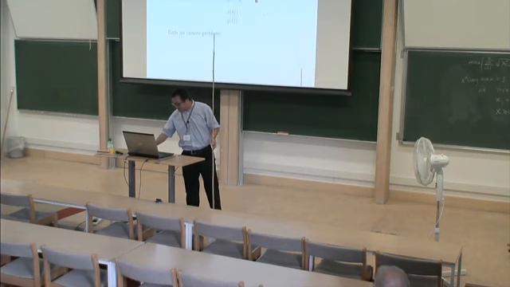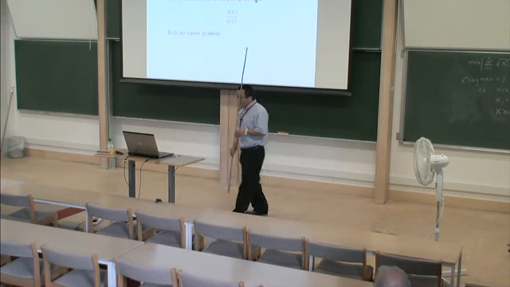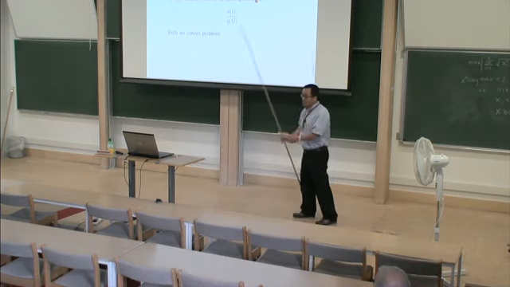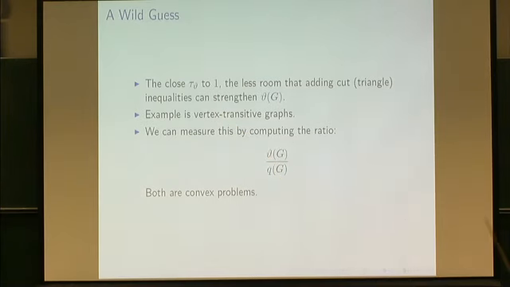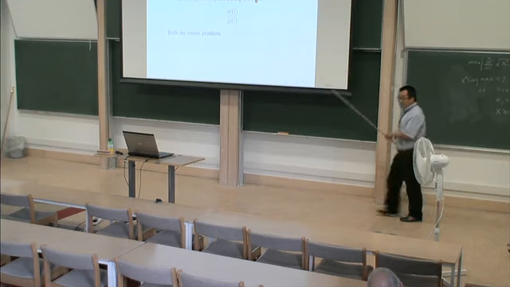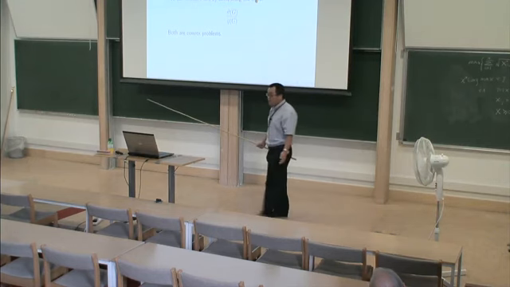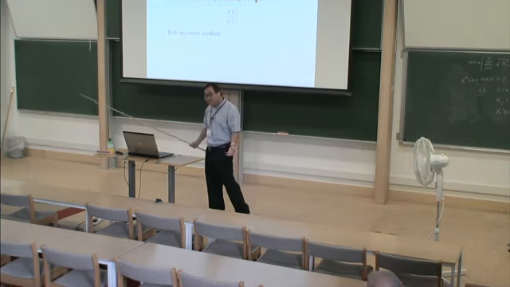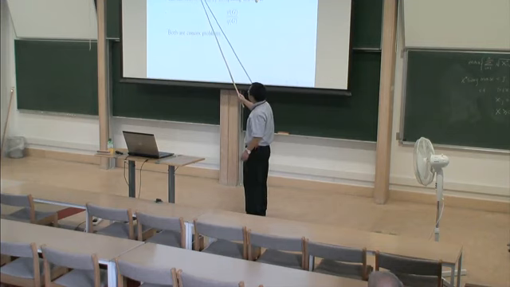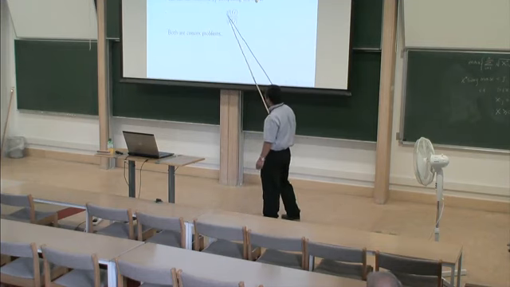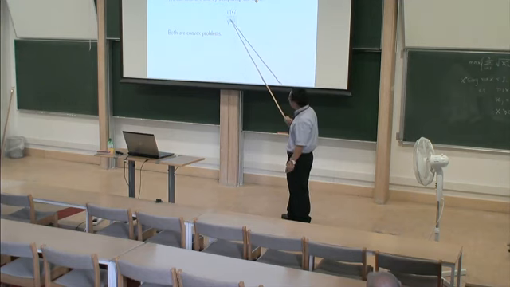Yes, I think there is a wide guess. I think because this number actually involves this, it's very difficult to calculate. Probably for some class of graphs one can calculate it, but it's difficult. And fortunately, we can calculate the theta function. We can calculate this Q quantity from the Euclidean distance metric. That's also a convex problem. You calculate the ratio.